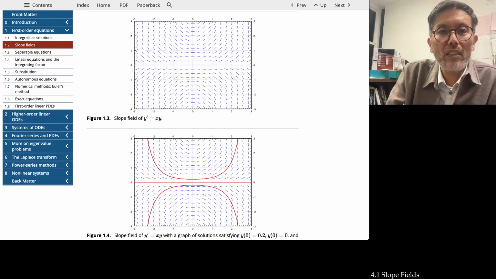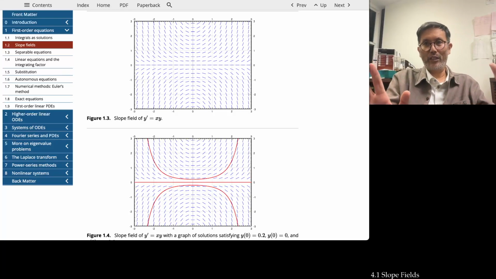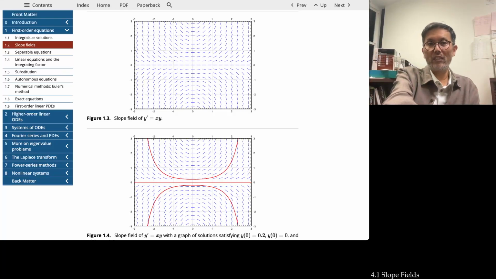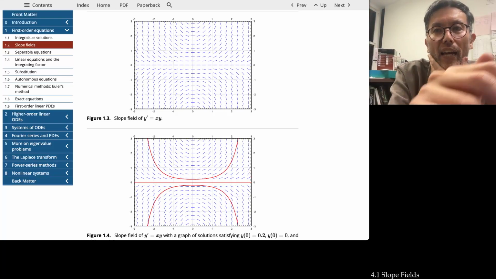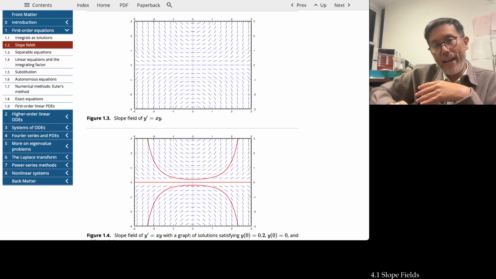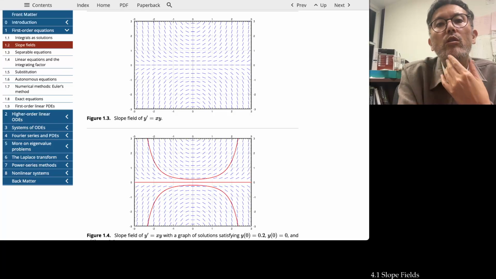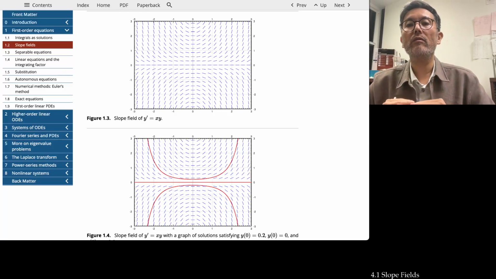And some things that I want you to observe about it, right? Focus on that this is the slope field of y prime equals xy. And notice that when x is 0, which corresponds to the y-axis, notice how all of the line segments along the y-axis are all horizontal.